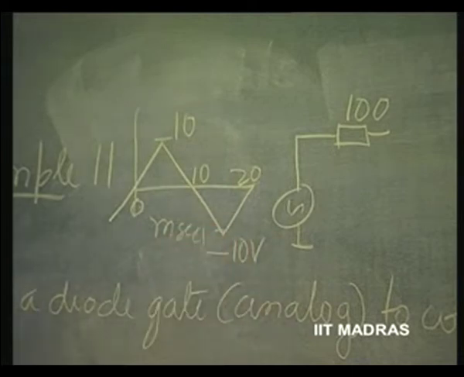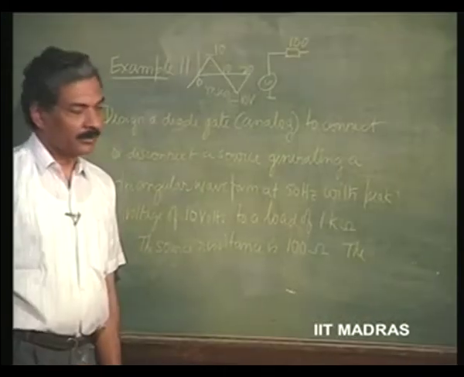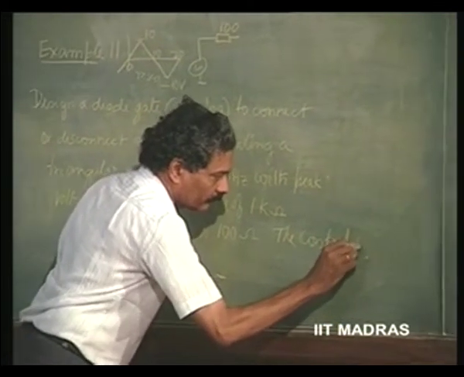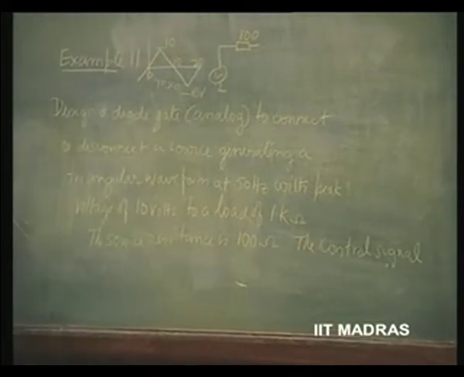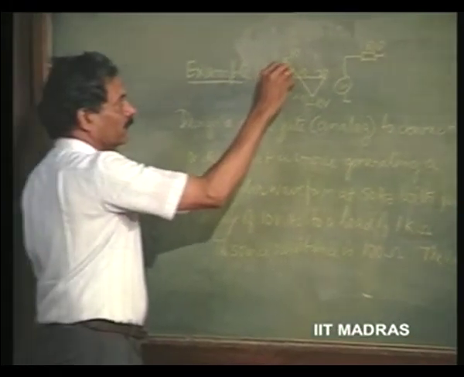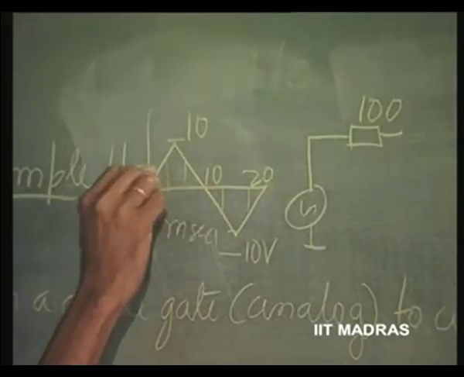The control signal, let us say some control signal, is going to 1, 2, 3, 4, 5, 6.